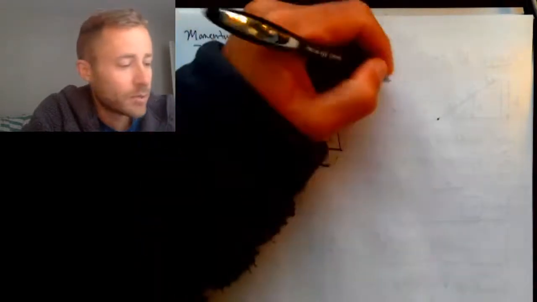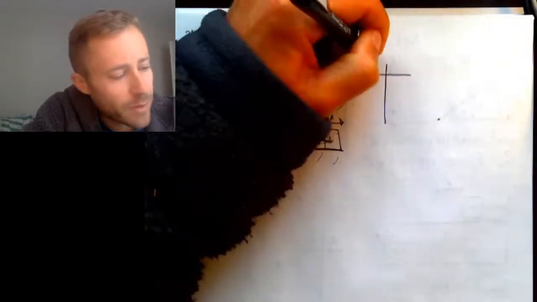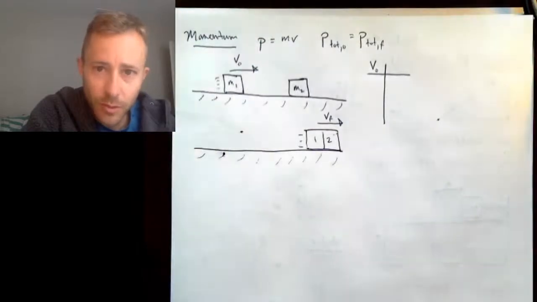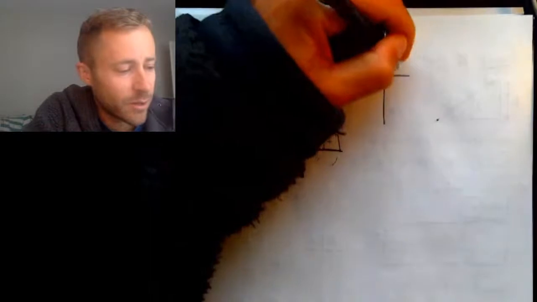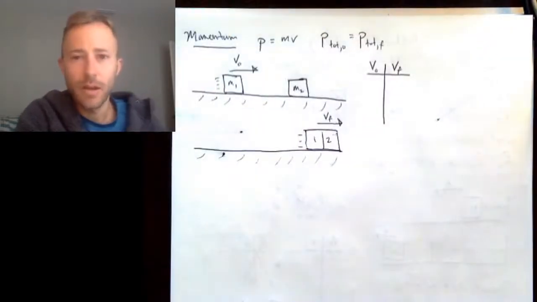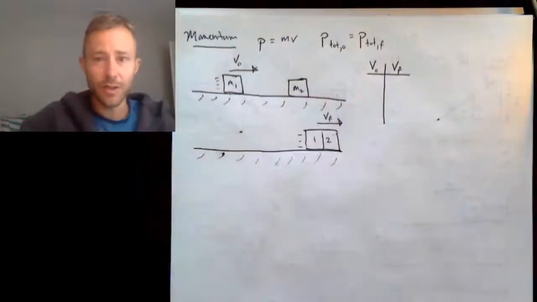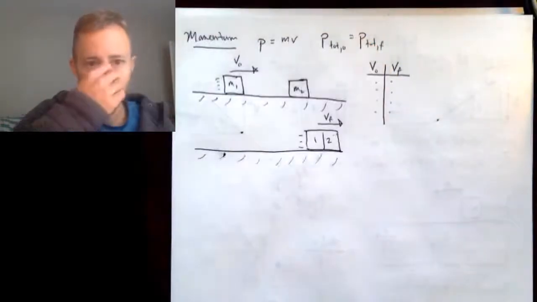So in our data table, v initial is the first thing that we measure, and then the speed after the collision is the other thing. The masses stay the same with every trial, so we get some data points, some ordered pairs.